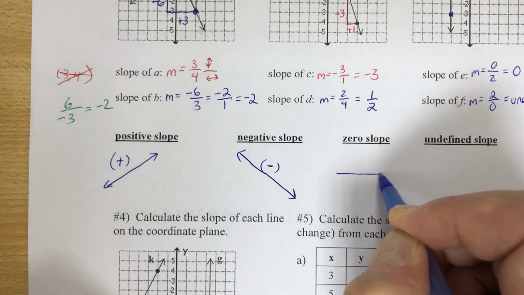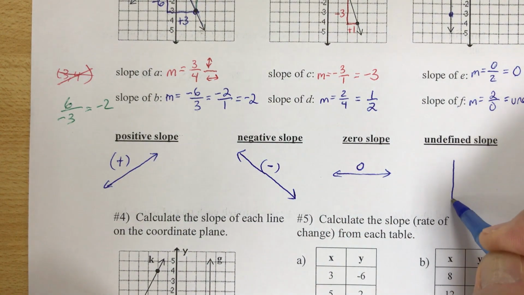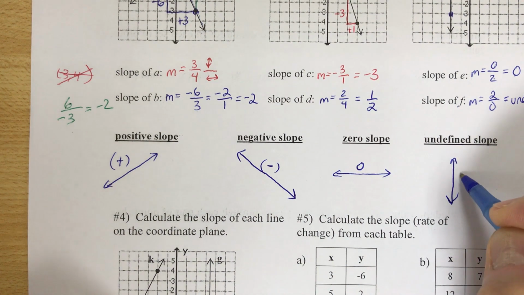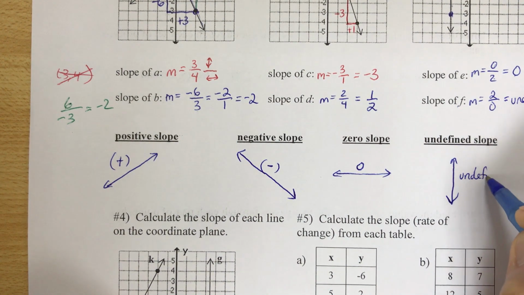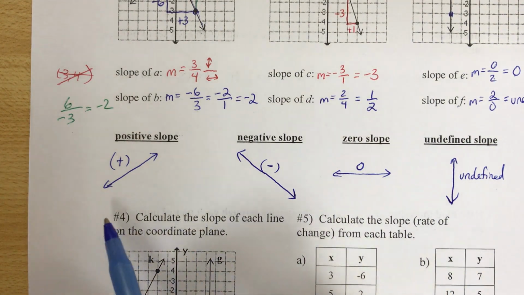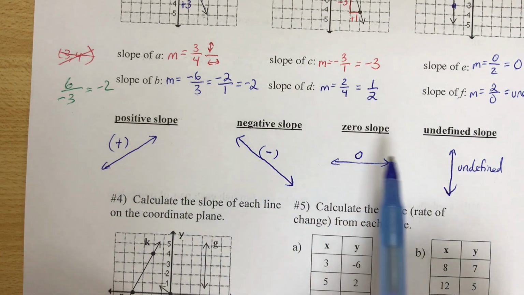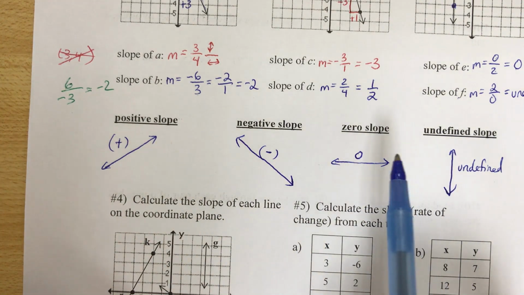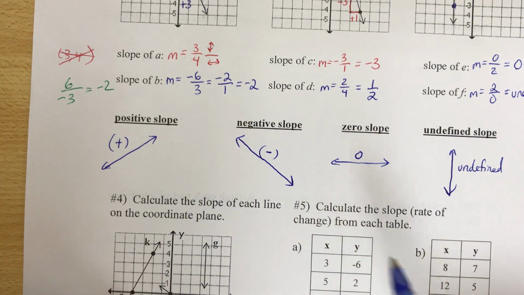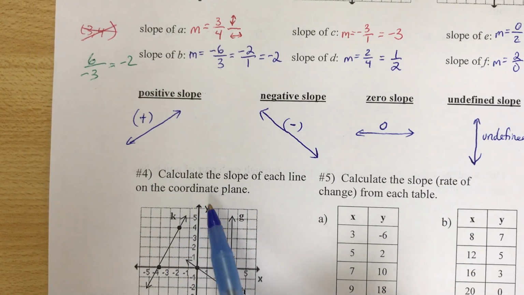A 0 slope is always horizontal, but an undefined slope is a vertical line. So the nice thing is you can look at lines and you can immediately determine positive, negative, 0, undefined. Now to get the exact values though, we count rise and run. So number 4, calculate the slope of each line on the coordinate plane.